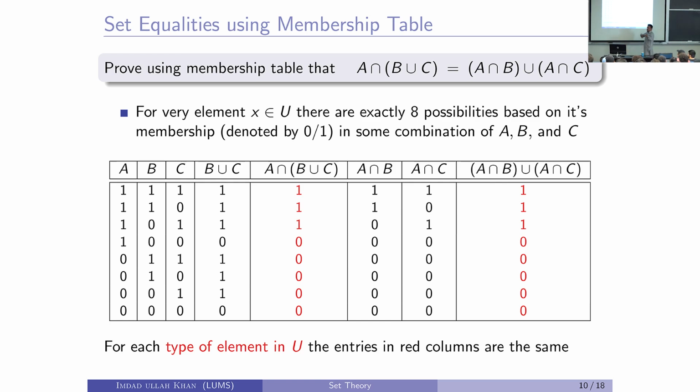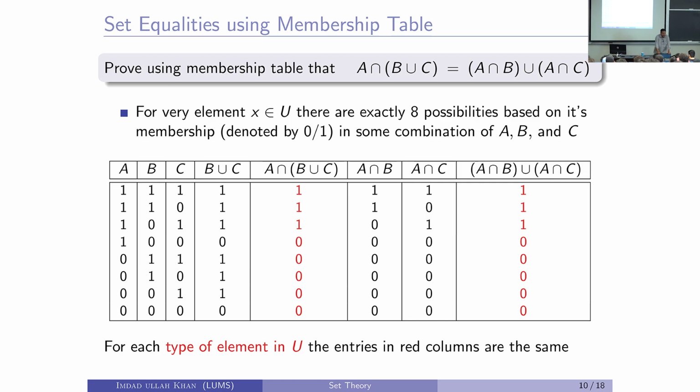That means any of these 8 types of elements is either in both of them, it's 1 1, or it is in neither of them, it's 0 0. That means the if and only if condition holds: x is in the left side set if and only if x is in the right side set, right? So this if and only if condition is true, and I proved it for all types of element.